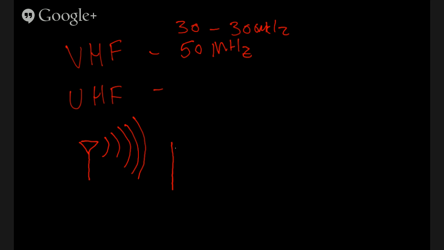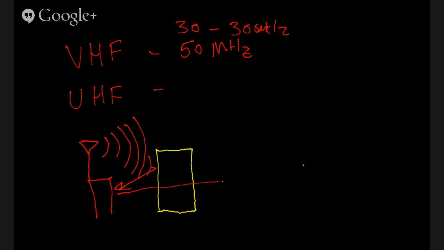But if we set up an obstacle, like a building or a mountain, things like that, where a signal might get bounced off and reflected, and then it might get reflected by something else again.